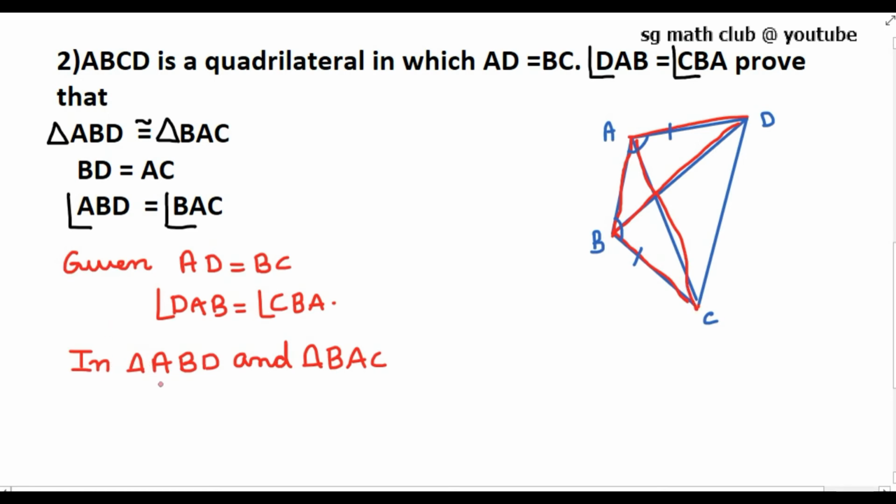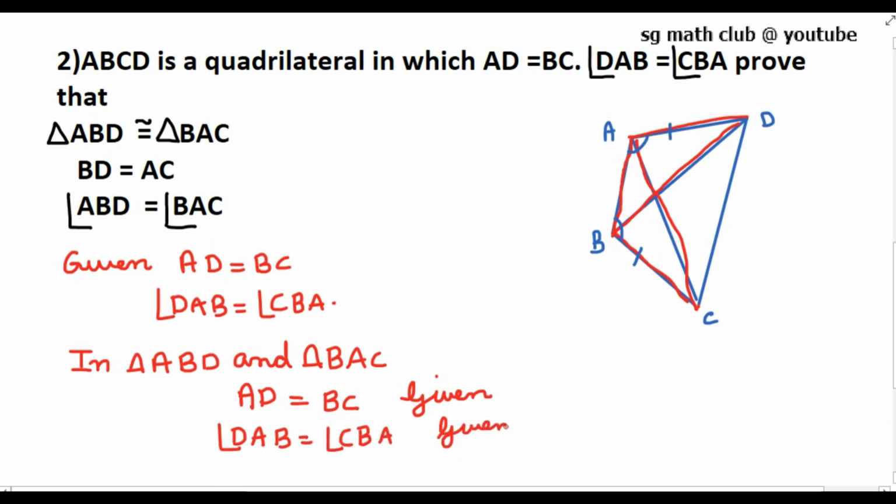Now AD equal to BC, we need three parameters. So AD equal to BC, they have already given. Again angle DAB equal to angle CBA, that is also given. DAB for this triangle and CBA for this triangle.